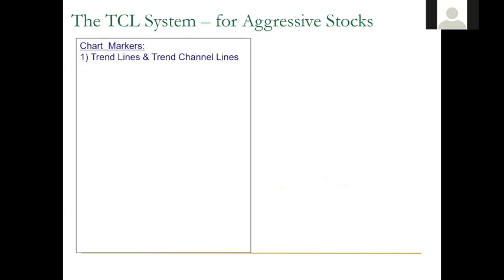Basically, what we're looking for in a chart are trend lines and trend channel lines. We'll get into details on how we draw those in a few minutes, but I just want you to be aware of what they are. Second, moving averages, and we will also look at multiples of moving averages. And the third item we have on the chart are Keltner bands.